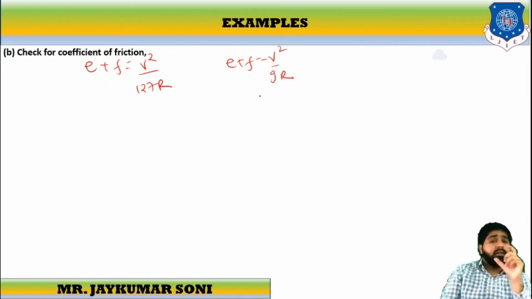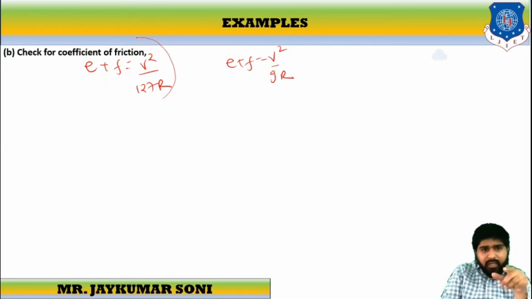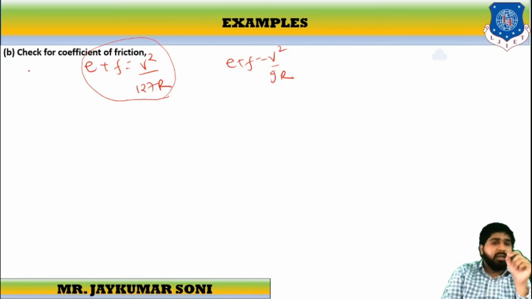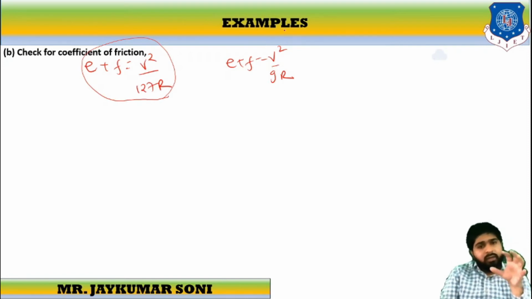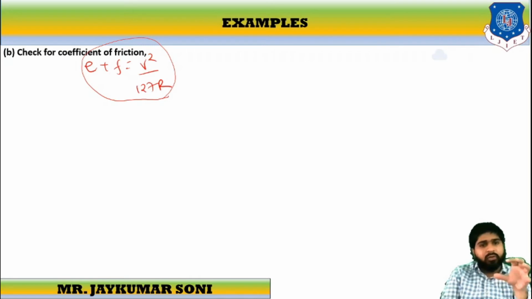See, let us learn one difference. If we are using this equation, then we need not to convert this capital V into small v. But if we are using this equation, then we have to convert this kmph into meter per second. For our convenience, we are using this equation so that we do not need to convert our value.